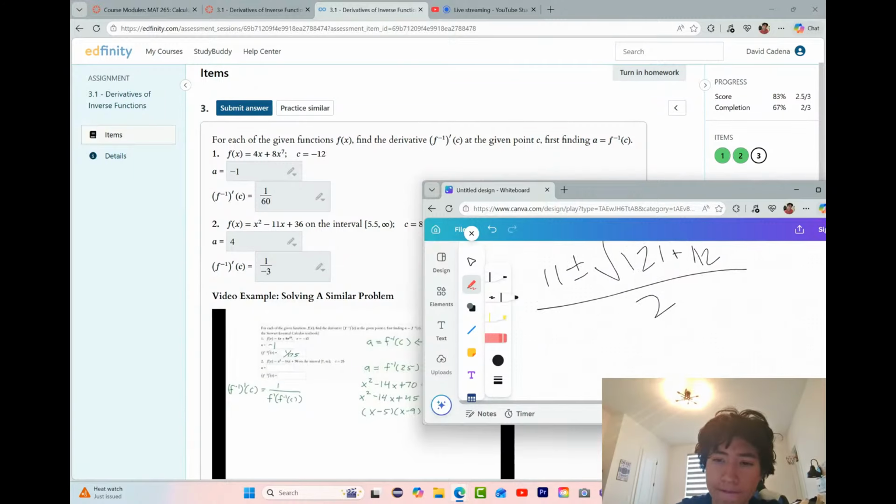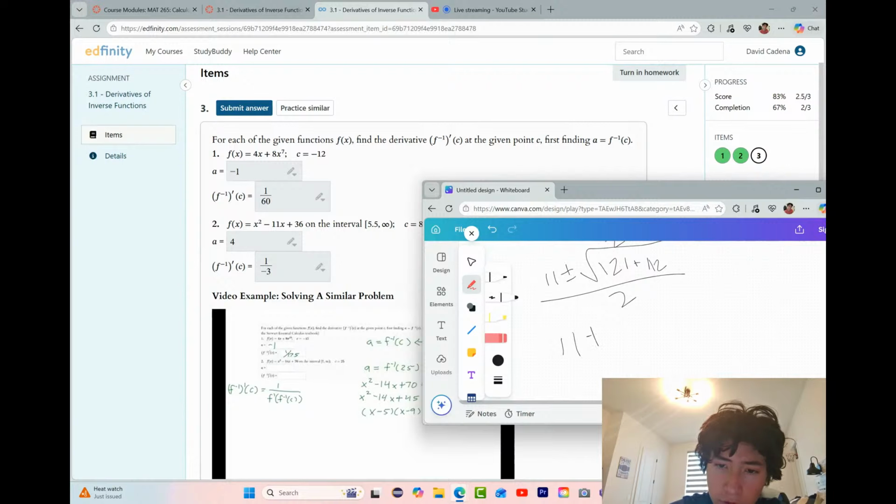11 plus or minus the square root of, and yeah, 121, 221, 231, 233. For real? Yeah, we can't take the square root of that.